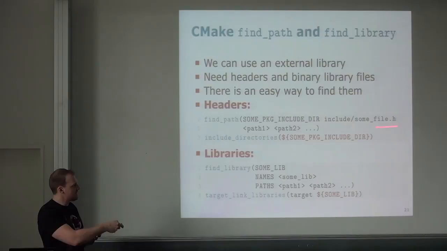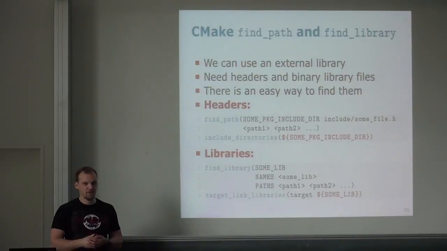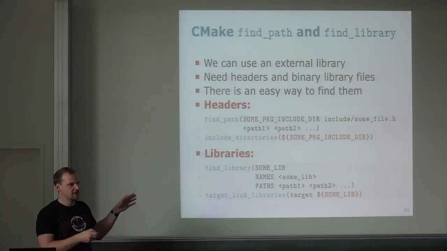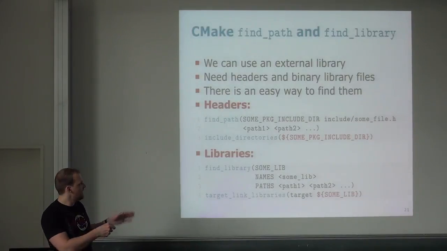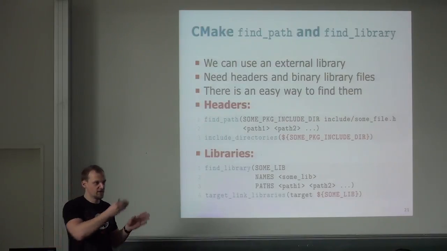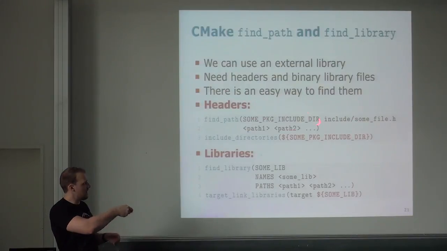Then this is the pattern that you are searching for. So let's say you're searching for some file, and it's going to be an include folder. So you want to find all the folders that contain this file with this path to it. So let's say there is a folder blah include some file. This will be populated by blah.